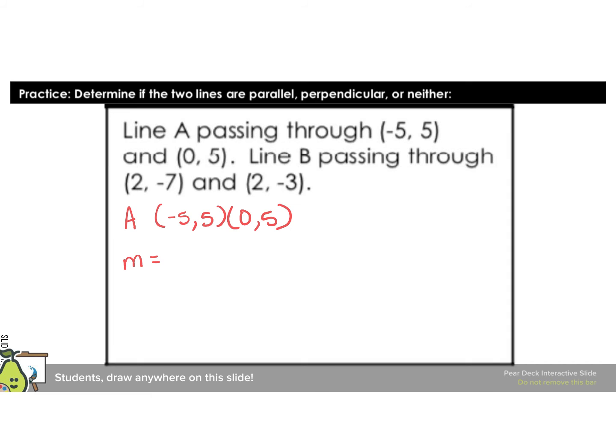And we're also going to find the slope of line B, which passes through 2, -7, and 2, -3. I want you to pause the video here, find the slope of each of these, and compare them and see if they are parallel, perpendicular, or neither. And once you've answered, unpause the video to see how you did.